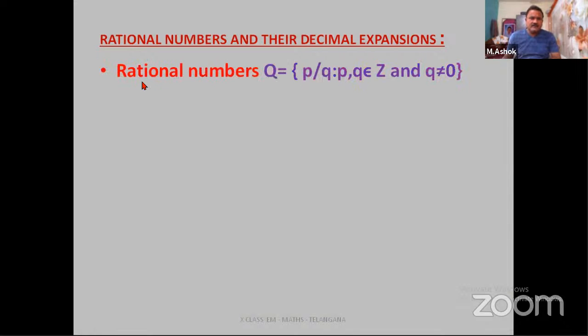Initially we discussed what a rational number is. A rational number is in the form p by q, where p, q are integers and q is not equal to 0.